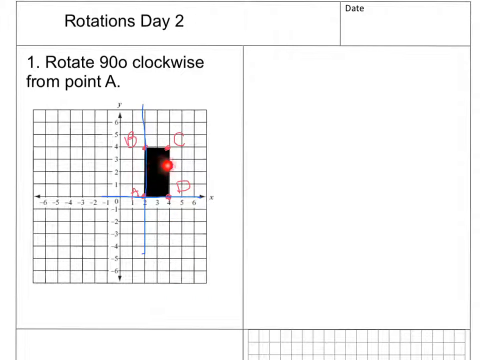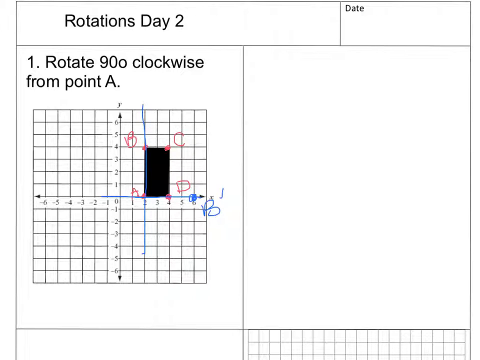So everything that's up here at the top will go at the bottom. So from point A to point B, it's just going 4 up. So we're now going to graph 4 out. So count from point A, go 1, 2, 3, 4, and that is my new point B.